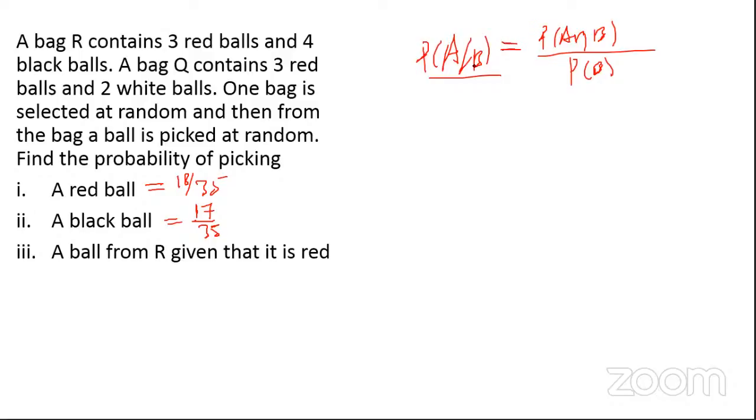So we get A intersection B, then we divide it by the probability of B.